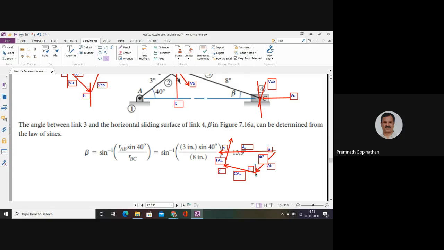That means it will be 90 minus 13.9, or you can take it as 180 minus the counter angle will be equal to 180 minus 13.9 minus 40 degrees.